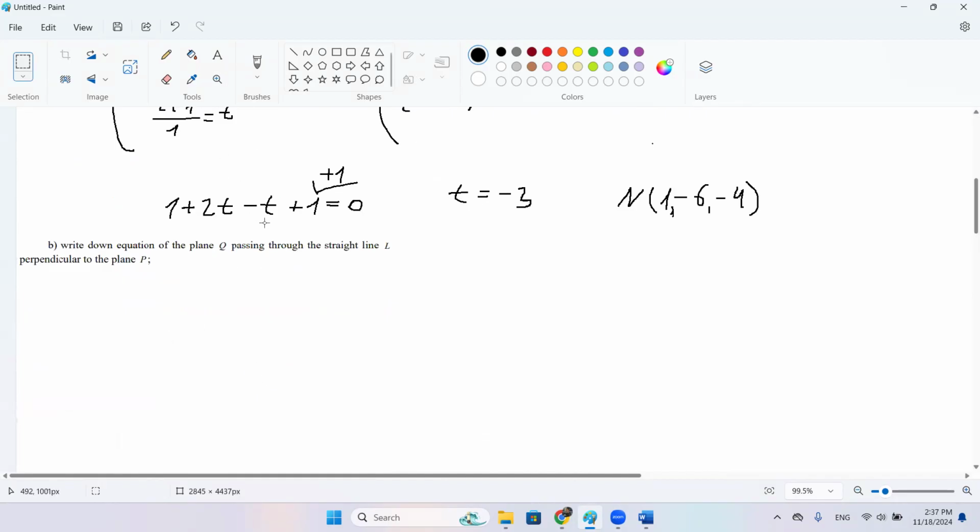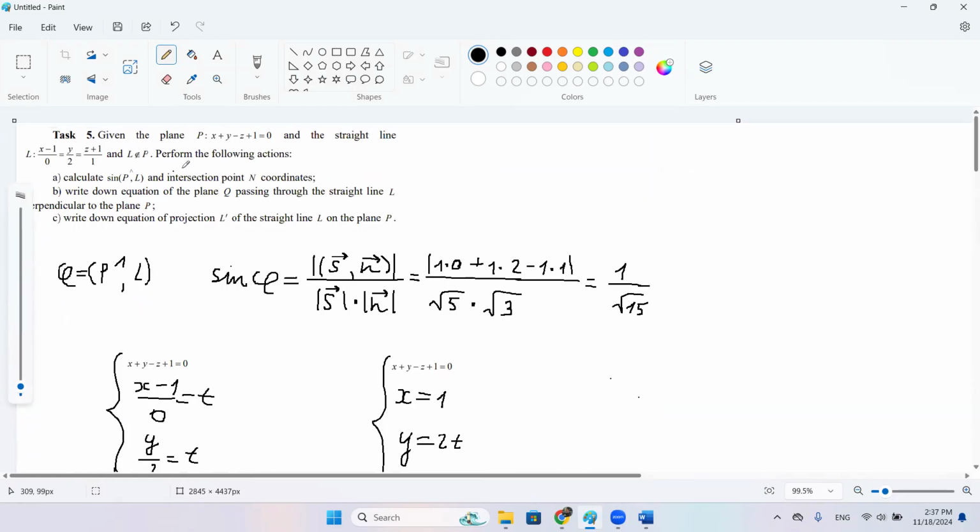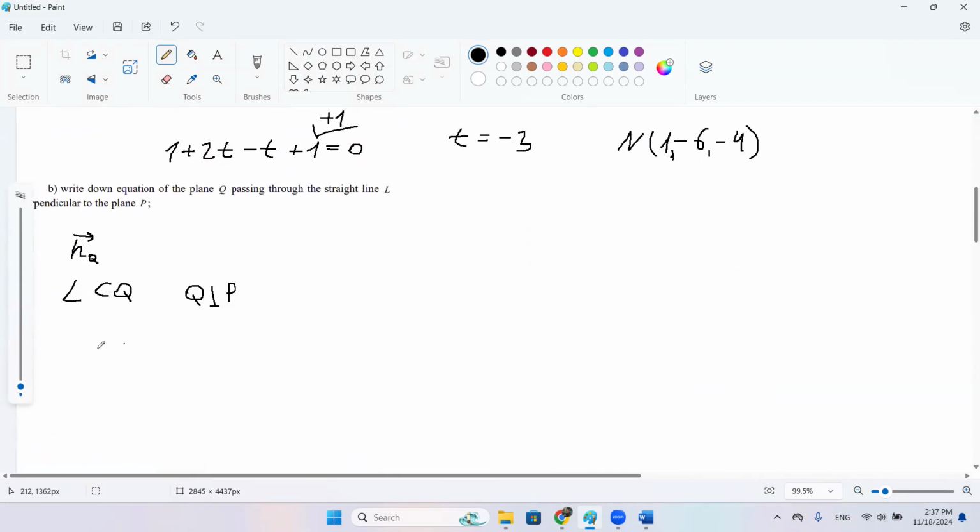So the plane Q is perpendicular to the plane P. We need to find the normal vector of the plane Q. We know that L belongs to Q, and Q is perpendicular to P. As Q is perpendicular to P, the scalar product of the normal vectors of P and Q is 0.